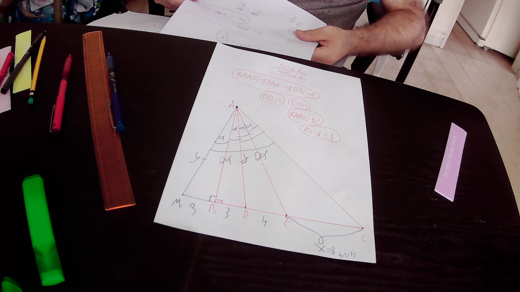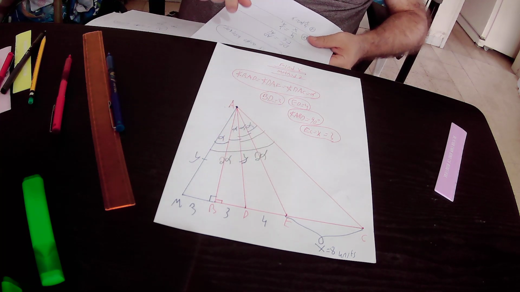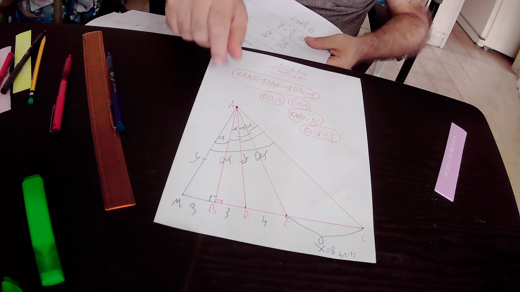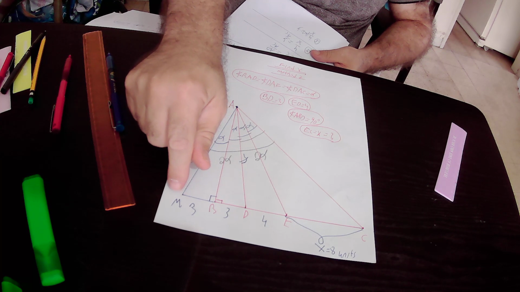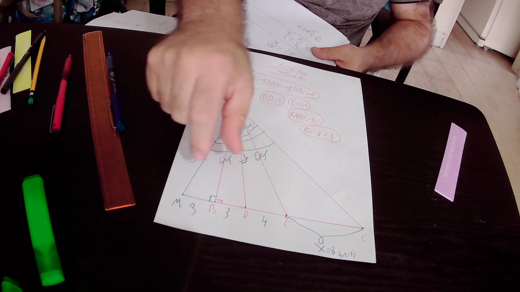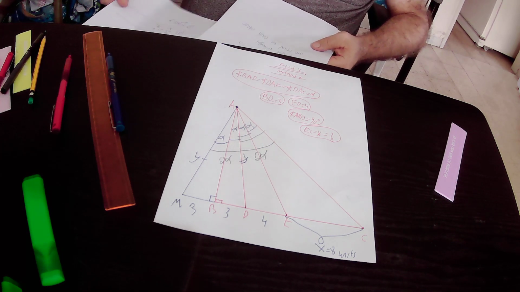We extended side BD by 3 units, and we defined this point as point M. We extended BD by 3 units, so MB will be equal to 3 according to our construction.